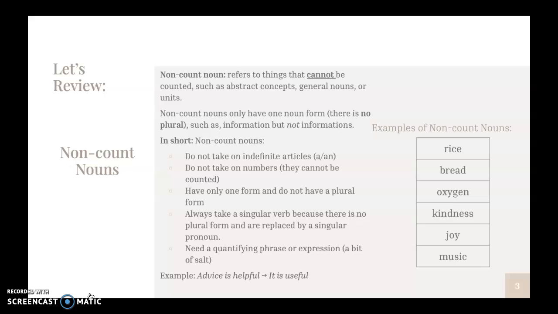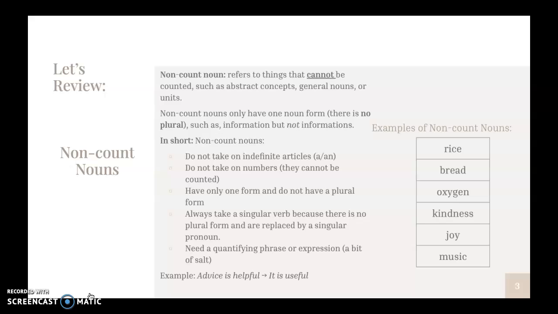Let's review non-count nouns. A non-count noun refers to things that cannot be counted, such as abstract concepts, general nouns, or units. Non-count nouns only have one noun form. There is no plural form, such as you say information, but you don't say informations.